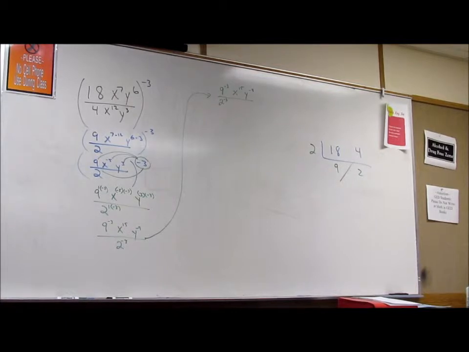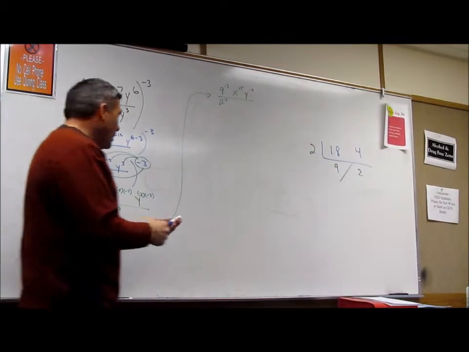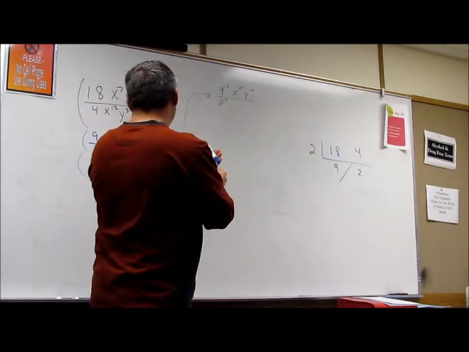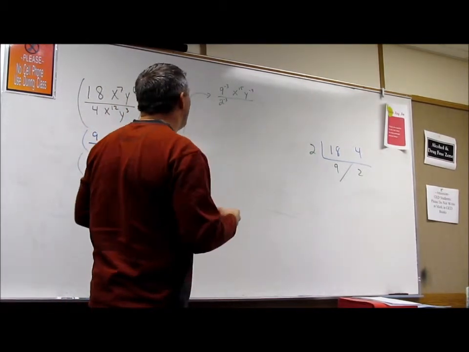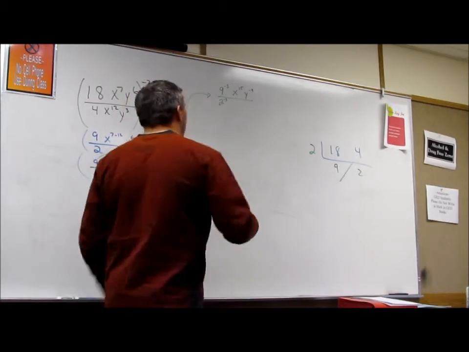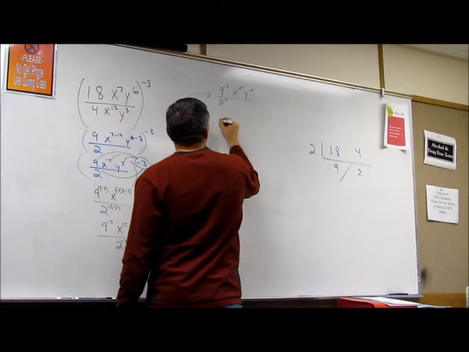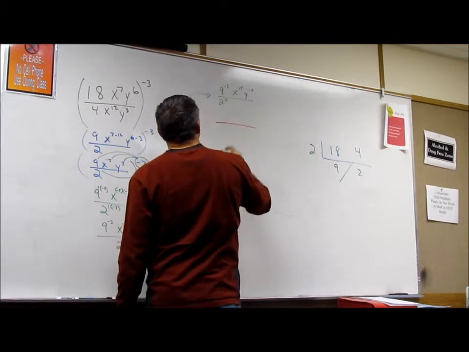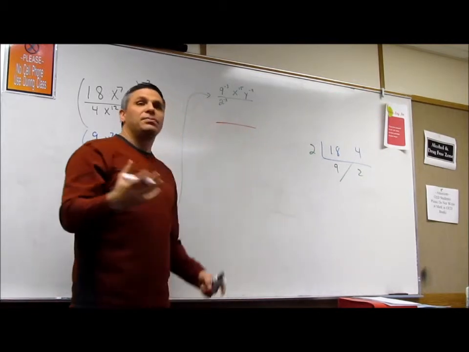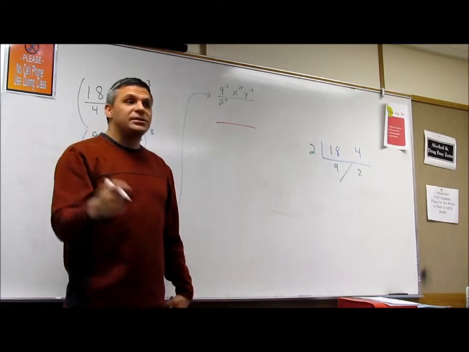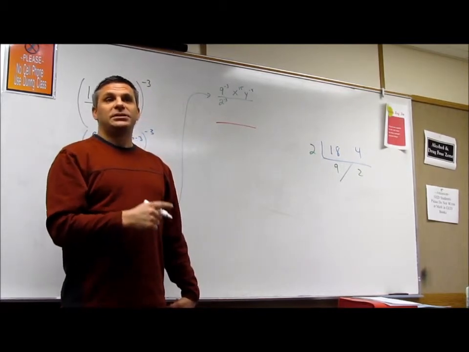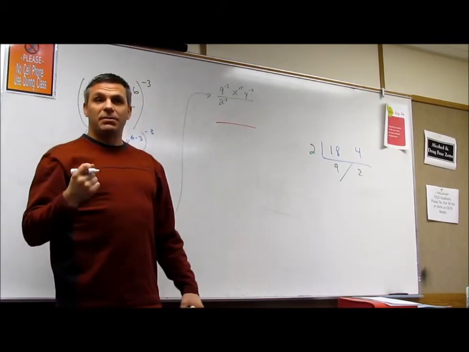Okay? Alright, so from here, what I want to do in my next step is I want to put everything in its right place. So if it's negative, I need to make it positive. And the way I make it positive is I put it in the other place. If it's in the numerator, it needs to go in the denominator. If it's in the denominator, it needs to go in the numerator and make it positive.